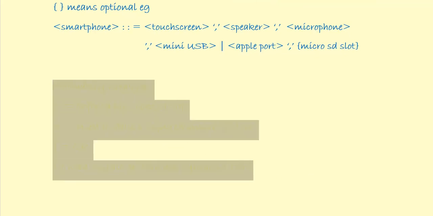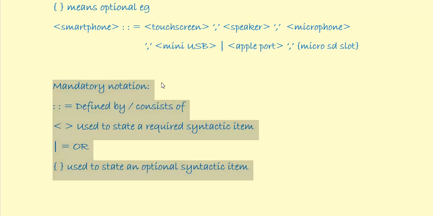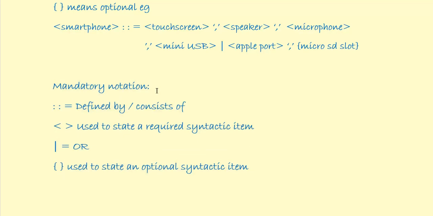Let's see what we have here. Our mandatory notation, colon colon followed by the equal sign, means defined by or consists of. Two chevrons, left and right, are used to state a required syntactic item. For example, smartphone consists of required items: a touchscreen, a speaker, a microphone, and so on.